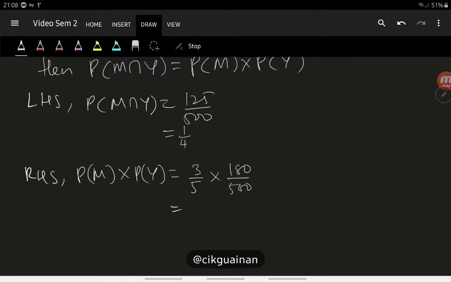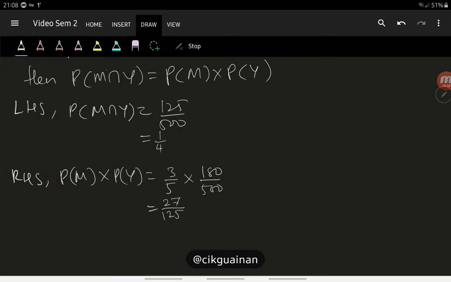So 3 over 5 multiplied by 180 over 500. So what we have is 27 over 125. Okay, so what we have over here, you see the numbers are not the same.